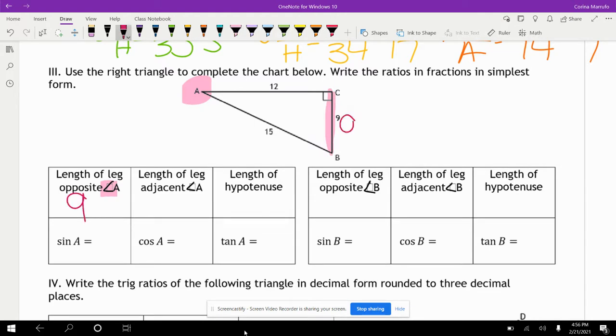It says length of the leg adjacent to angle A. The adjacent side to angle A is going to be the 12. So this is my adjacent, ADJ, and that's going to be 12. And then the length of the hypotenuse, remember, the hypotenuse is the longest side, which is 15.